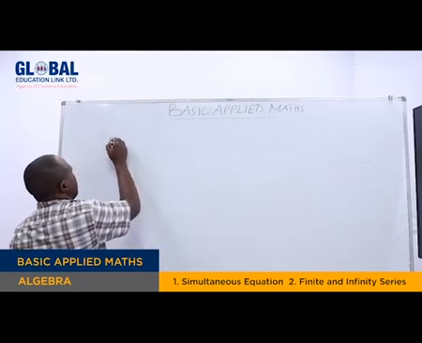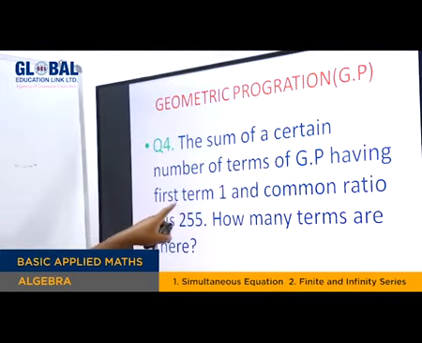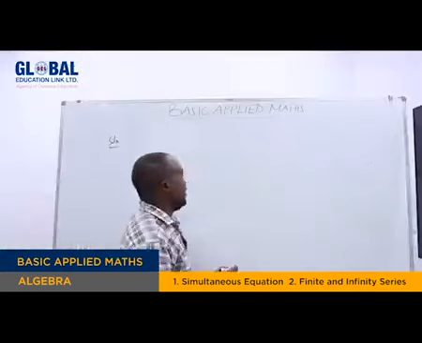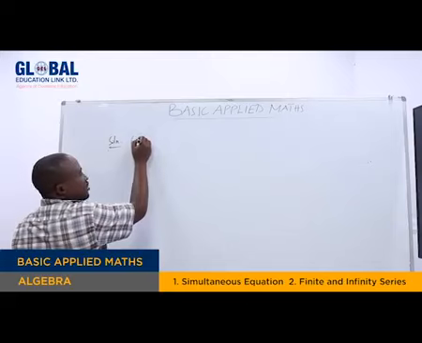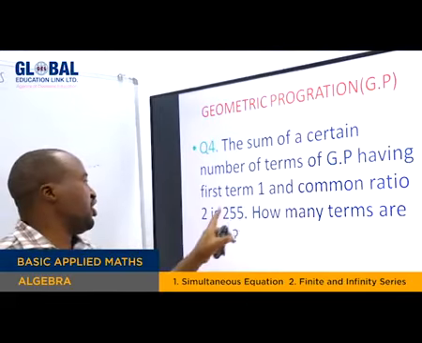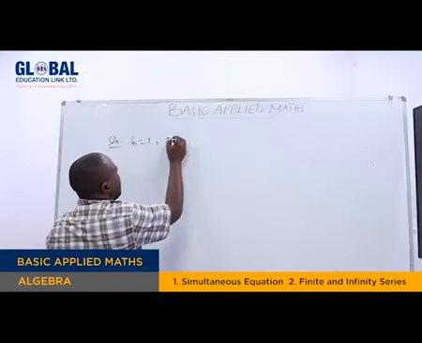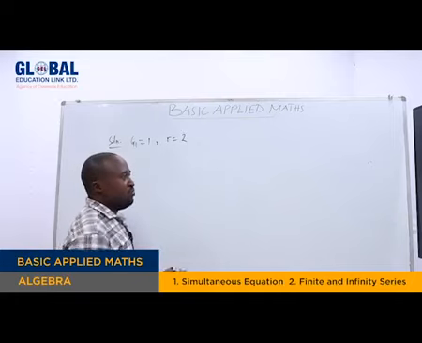So, solution: we have been given the first term of the geometric progression, that is called G1. G1 is equal to 1. And again, we have been given the common ratio, that is 2. So we have R is equal to 2. But that is the sum.